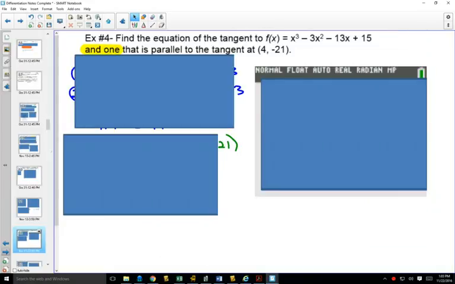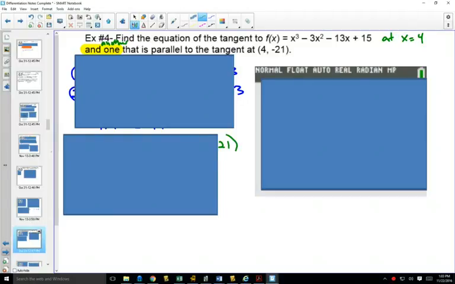So if we're rewording this a little bit, we want to find the equation to the tangent to this at x equals 4, and another one that is parallel to the tangent at x equals 4.